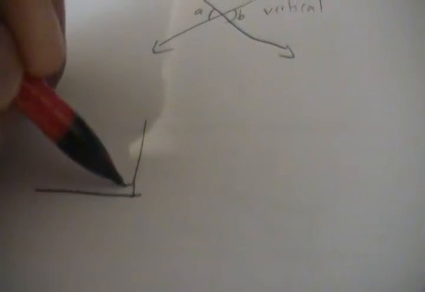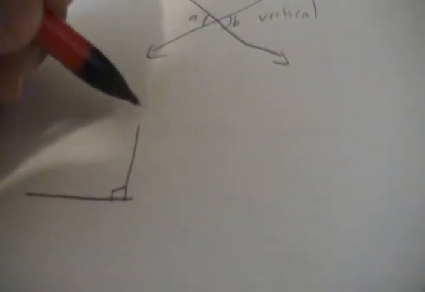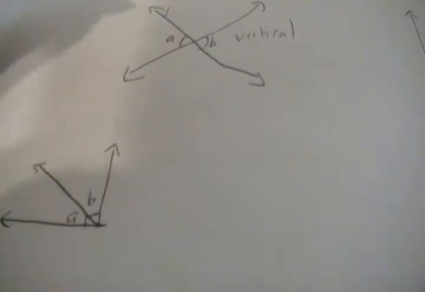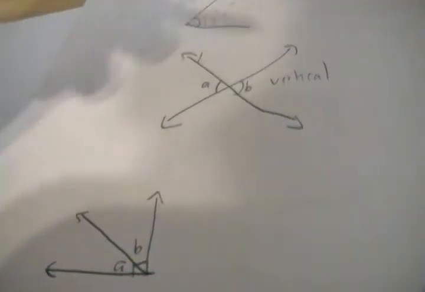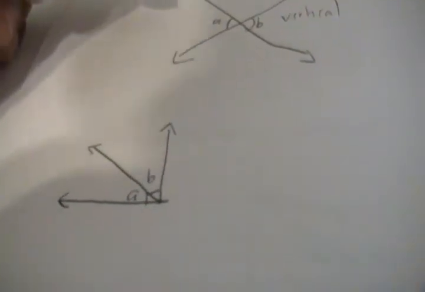Let's try two more. We have two lines, which make what we call a right angle. And we have another line, and we have an angle A and angle B. Is it complementary, supplementary, vertical, or adjacent?